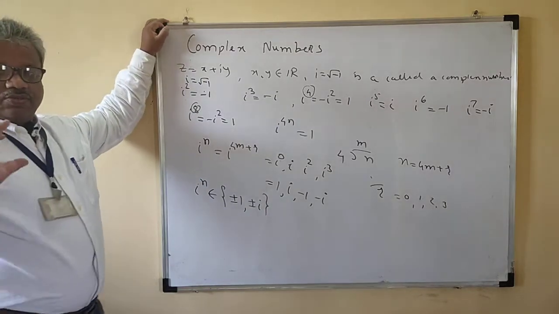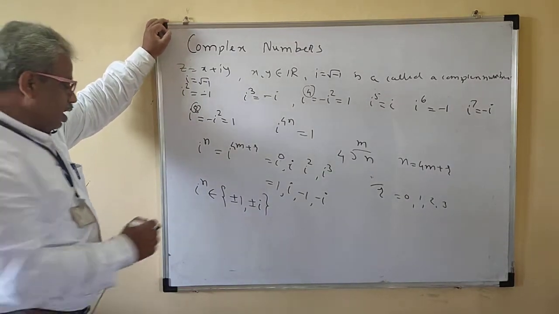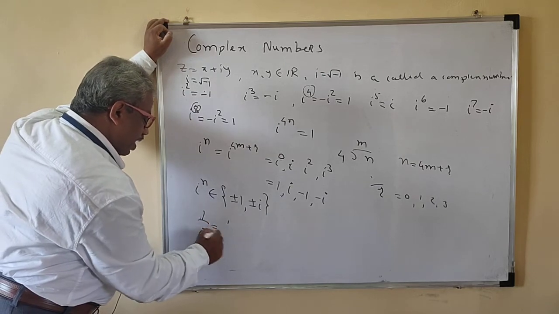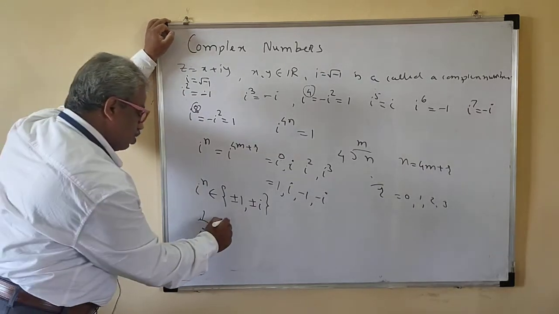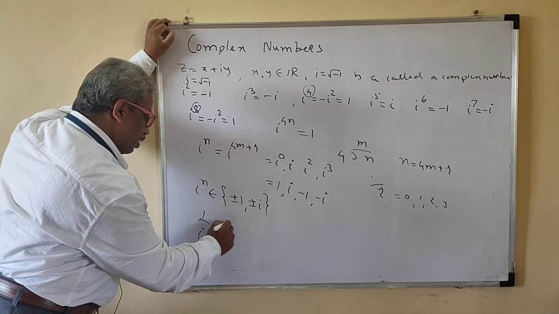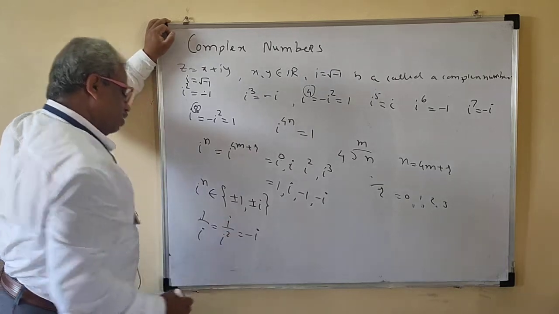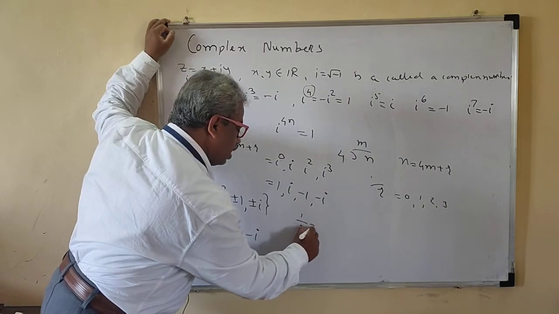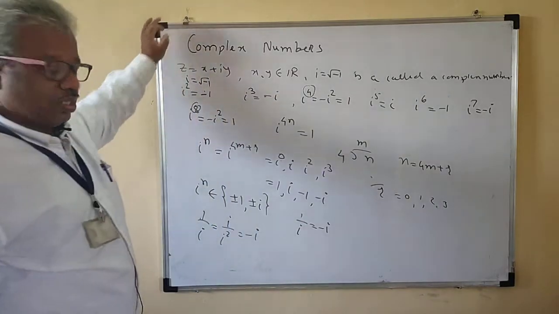So only these values are possible. Okay. So 1 upon i: we can multiply and divide by i, so this is i upon i square. i square is minus 1, so this is minus i. So the value of 1 upon i is minus i. You should note this.